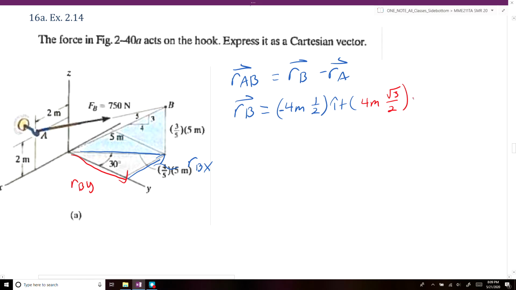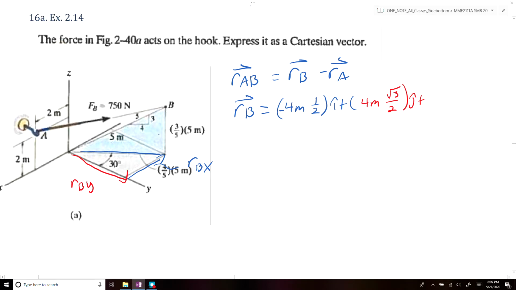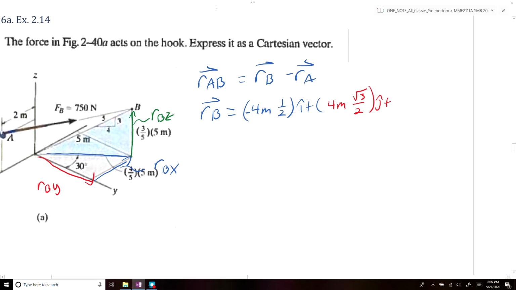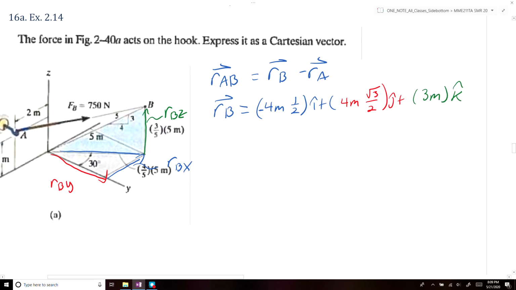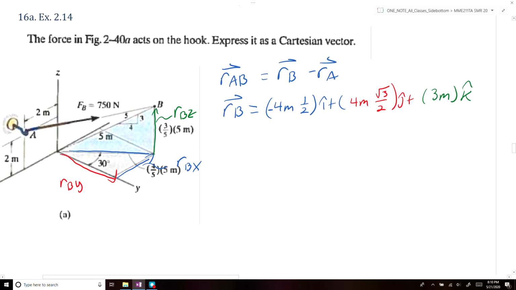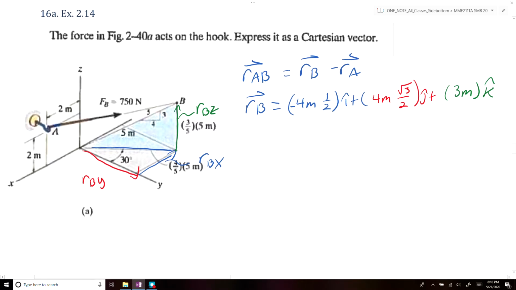And then for the z component, RBZ, that's just going to be equal to 3/5 times the length from the origin to point B, or 3 meters. I'm just using the information on the diagram to calculate the x, y, and z coordinates in Cartesian form.